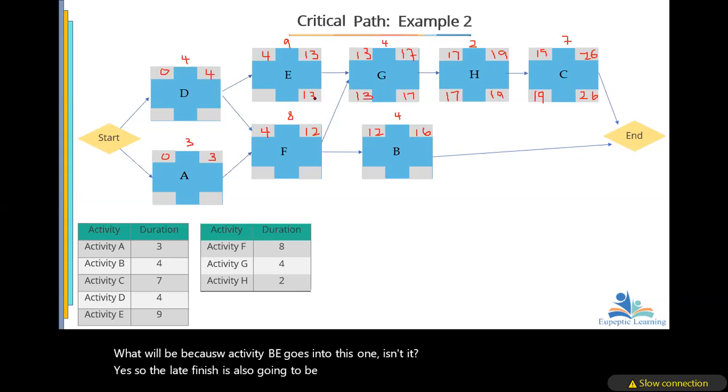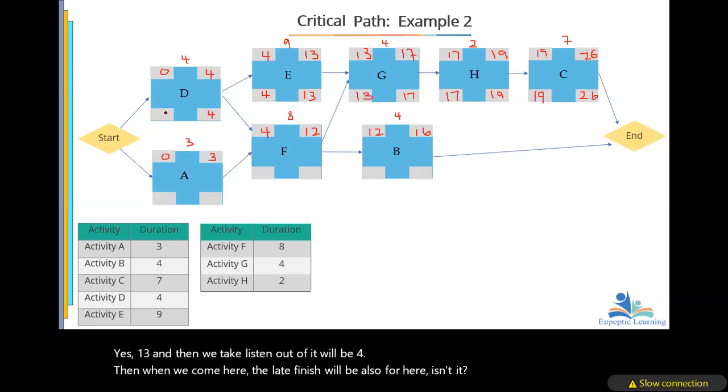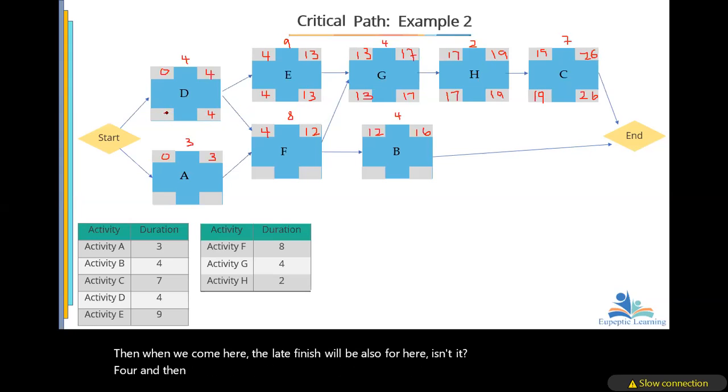And then when we take this out of it, it will be 4. Then when we come here, the late finish will also be 4. Is that not it? Yeah. And then we come here, 0. Now let's move to this side and see.